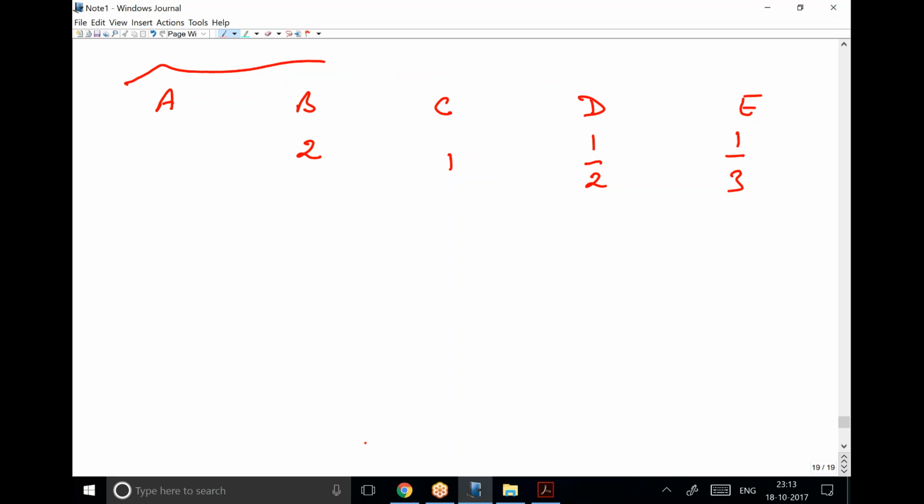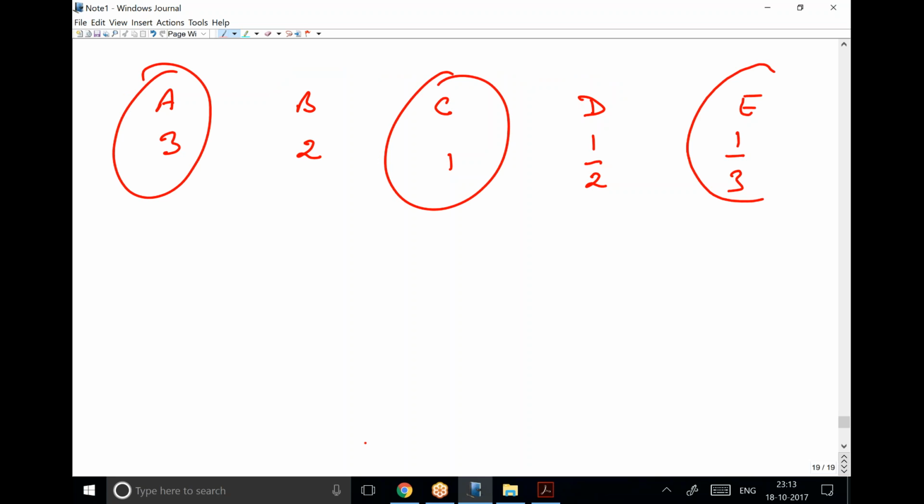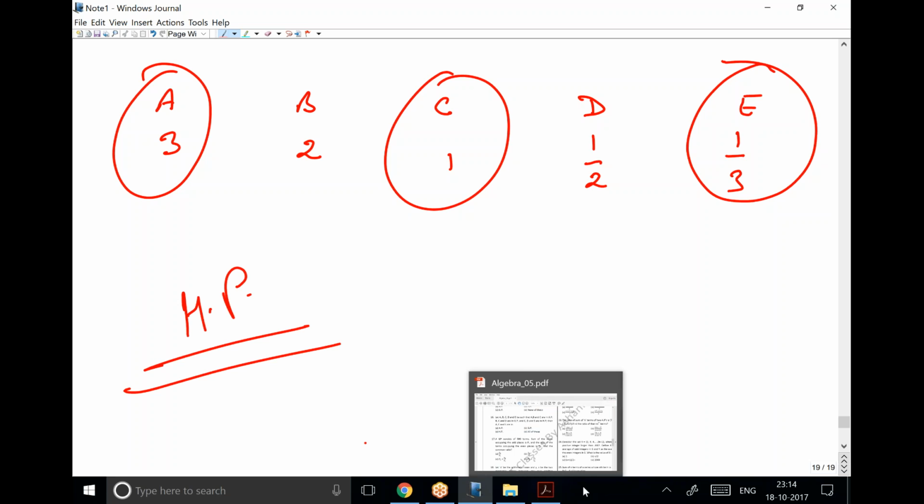Now we know A, B and C are in AP, so we can fix immediately that A has to be 3. Now what they are looking for is A, C and E, which are actually in HP. So we can solve these questions very fast through this particular method.